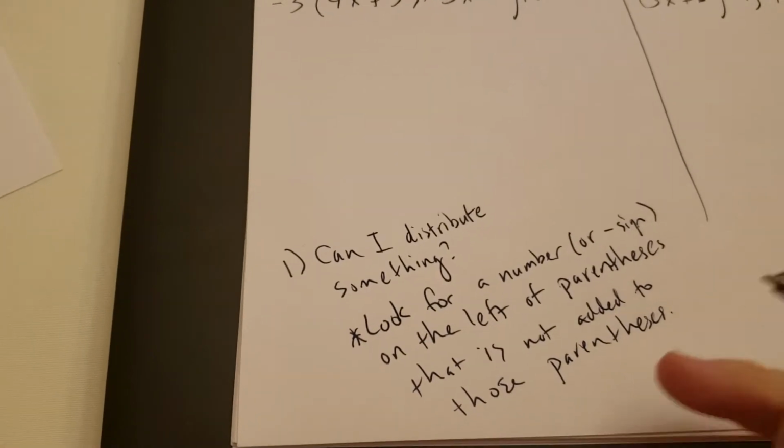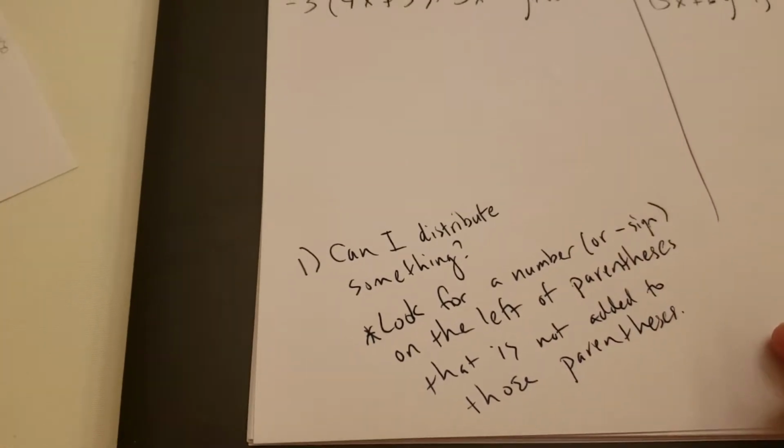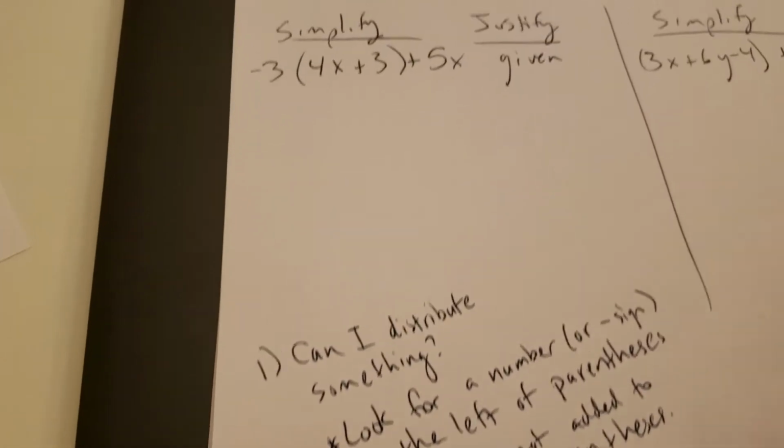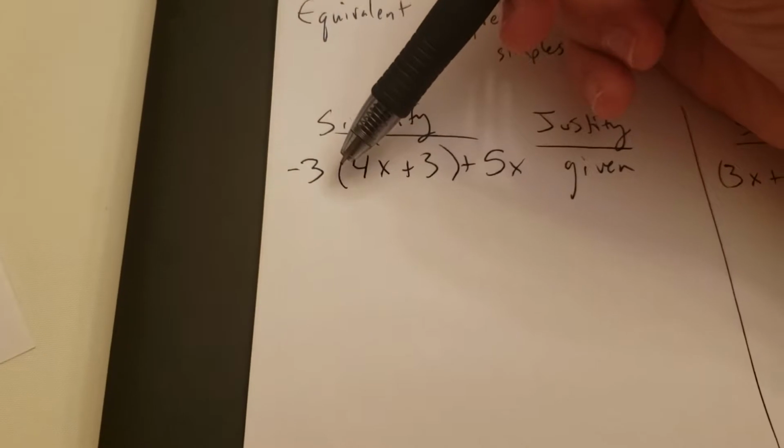In other words, if I had 4 plus and then a parenthesis, I'm not going to do 4 times anything in there. It's added, not multiplied. If it's just next to it, there's nothing like there.